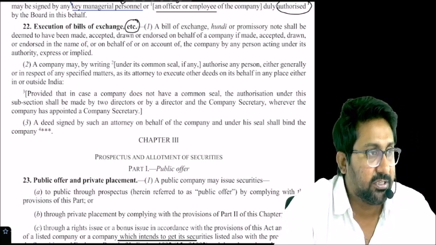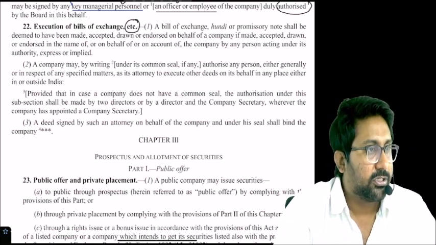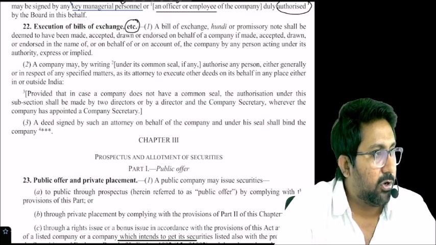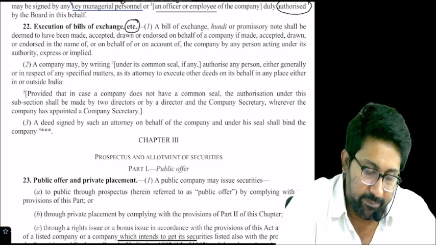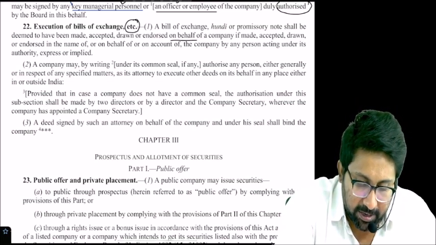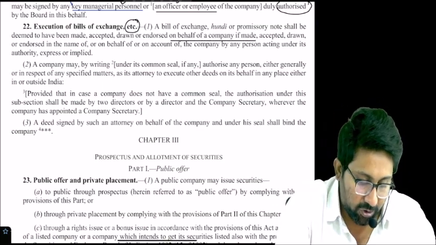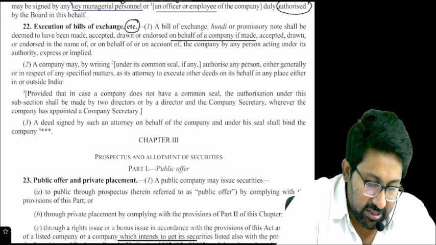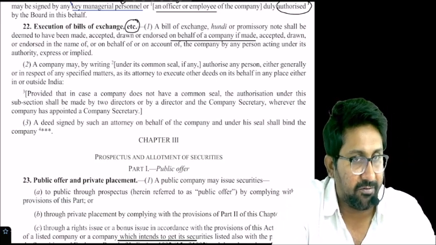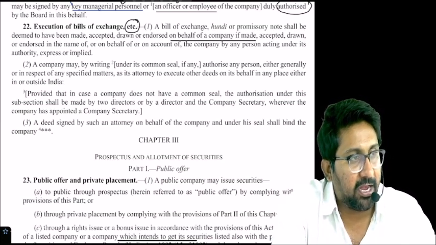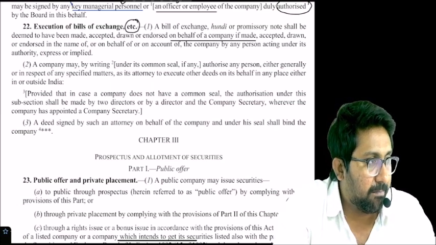A bill of exchange, hundi or promissory note shall be deemed to have been made, accepted, drawn or endorsed on behalf of a company if made, accepted, drawn or endorsed in the name of or on behalf of or on account of the company or by any person acting under its authority, express or implied.